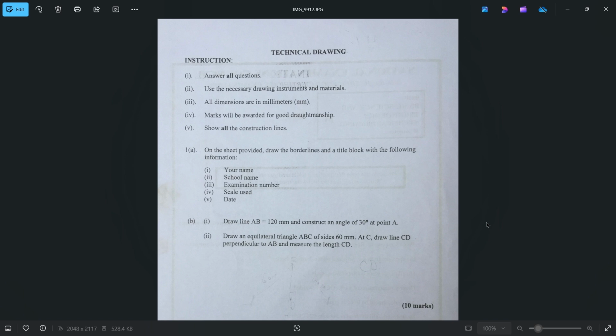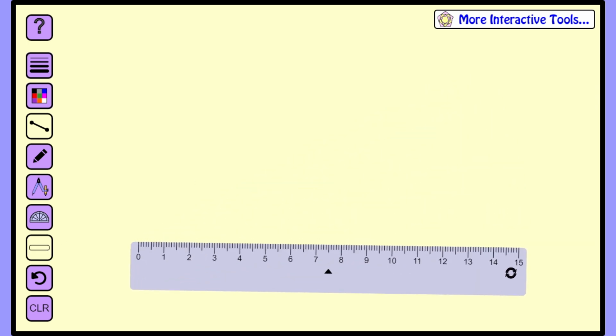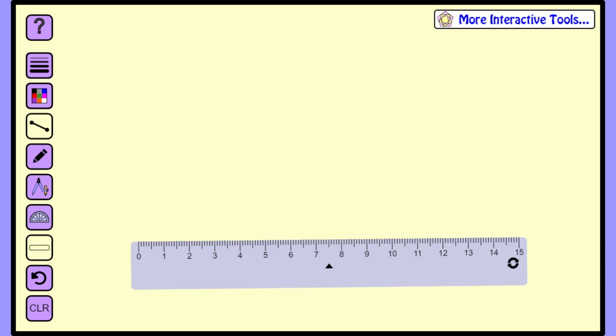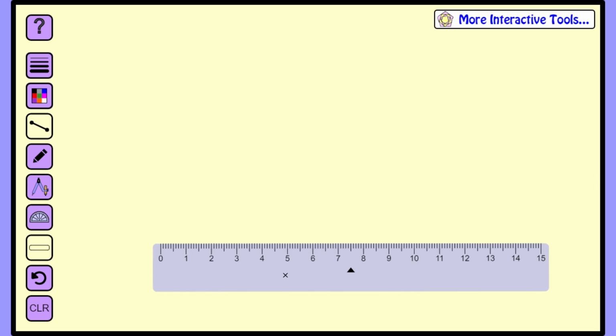So let's do that. The first thing we do is bring out our ruler and we draw our line of 60 millimeters or 6 centimeters as they told us.